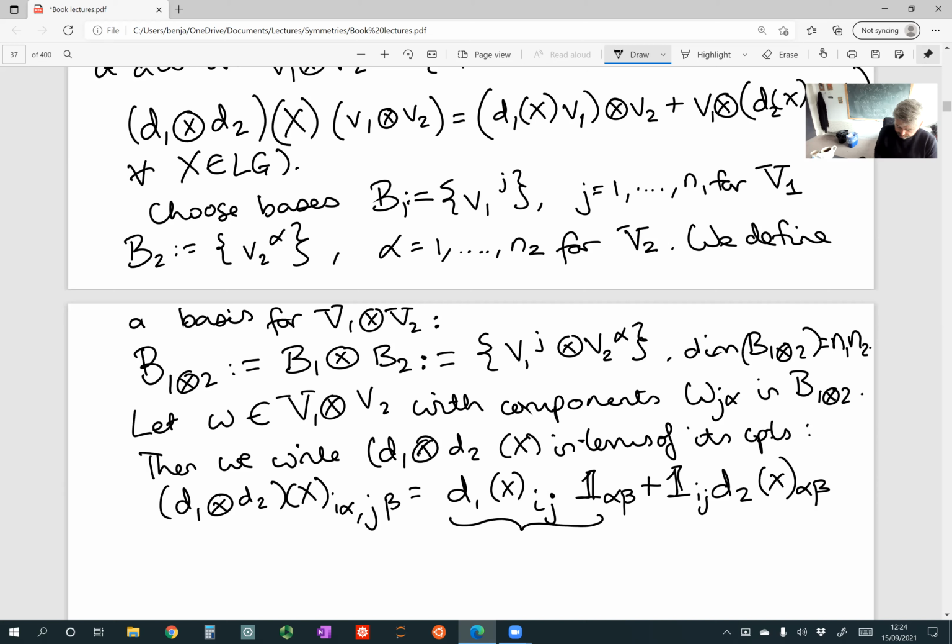We might write this in a shorthand notation as D1 tensor 1 plus 1 tensor D2.